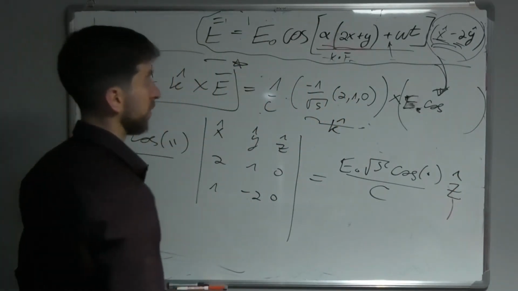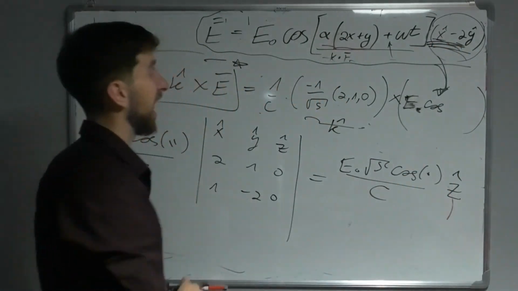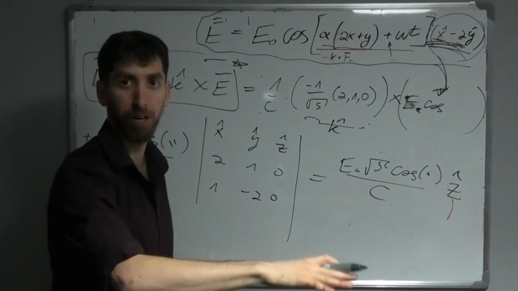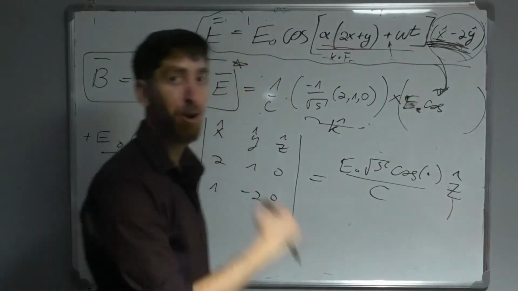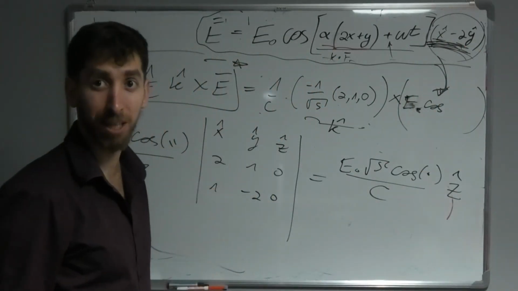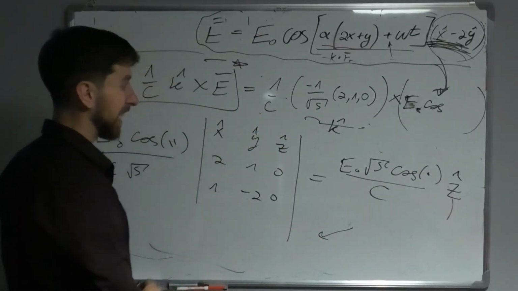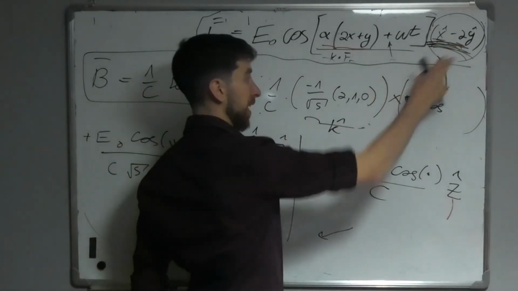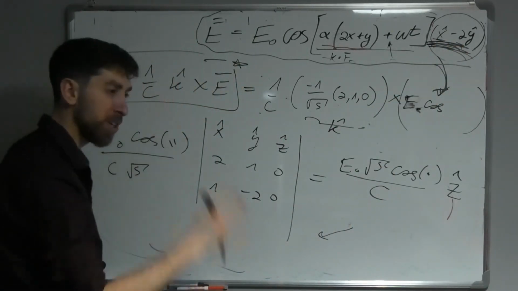Why? Because the electric field is moving in x and y, so the thing perpendicular to x and y must be in the z direction, right? That's what's going on. If E is still locked inside the xy plane, then B must be perpendicular to it.